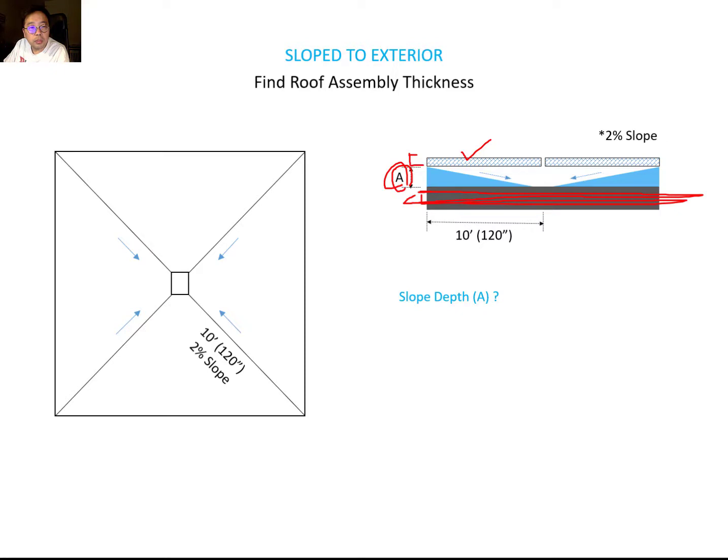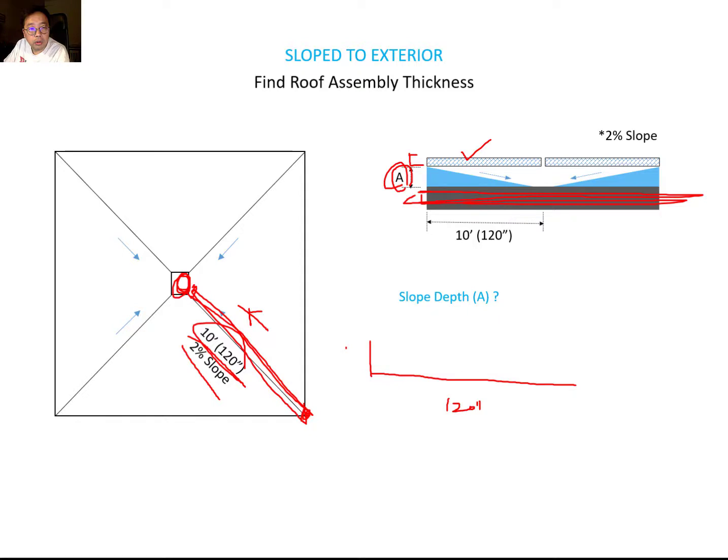So you just simply know about your roof drainage system, and this is the drainage flow here. So you can simply calculate from here to here. You can just measure it. It is 120 inches, for example, but it can vary depending on your project. But remember we need to provide 2% slope. So you can simply get this calculation here. This is the 120 inches, right?